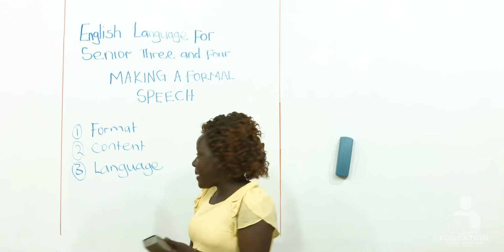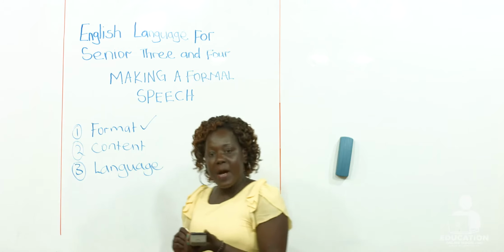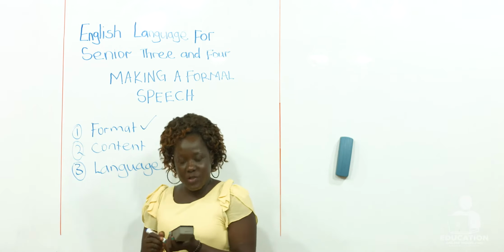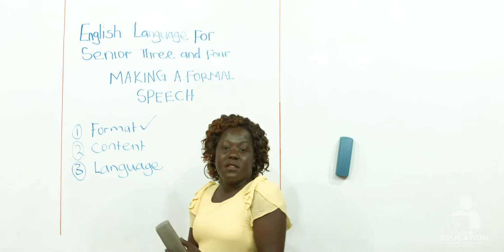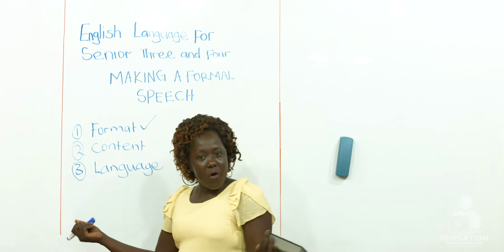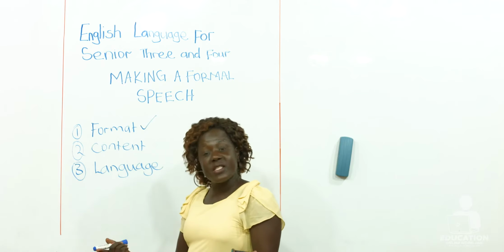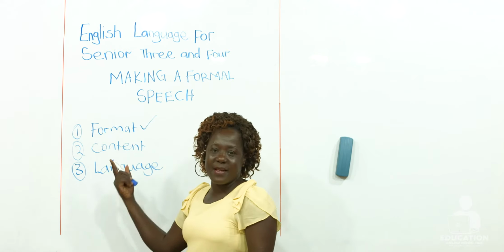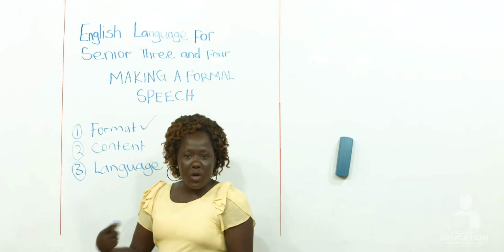You remember last time we saw all about the format of a formal speech. We said format is just the structure or the form of the formal speech. We saw about 6 of them. We started with the heading, then we looked at the protocol.